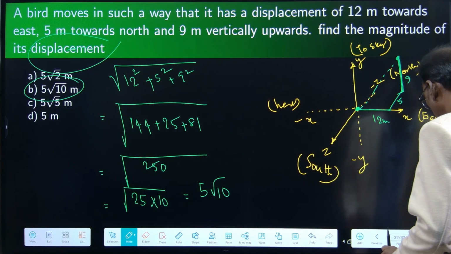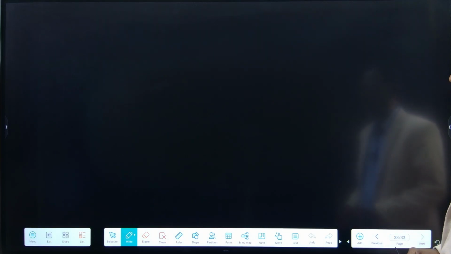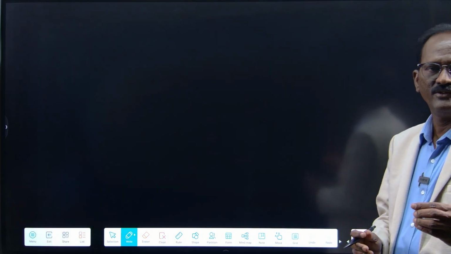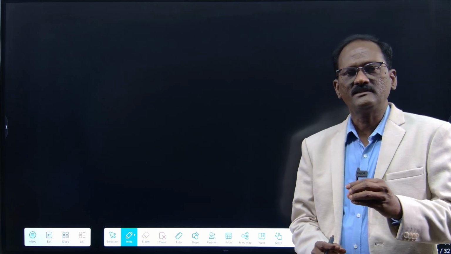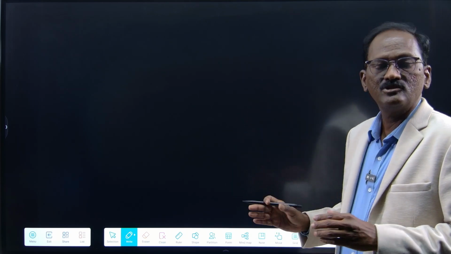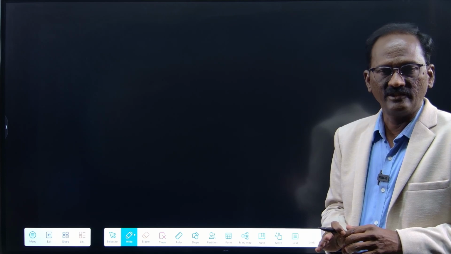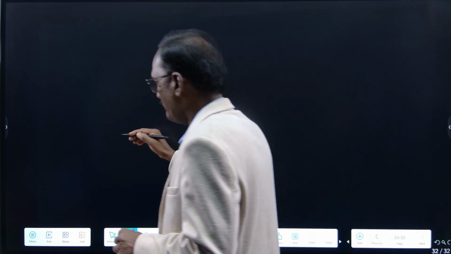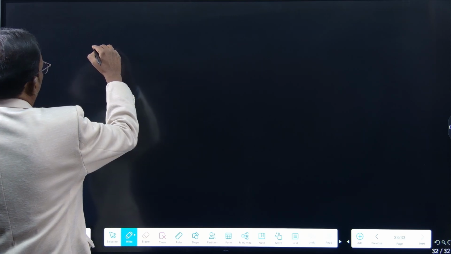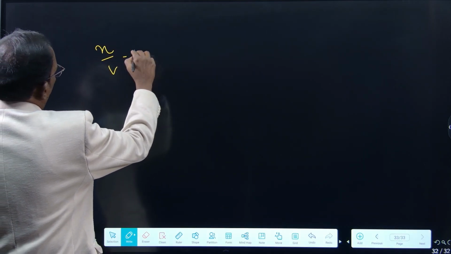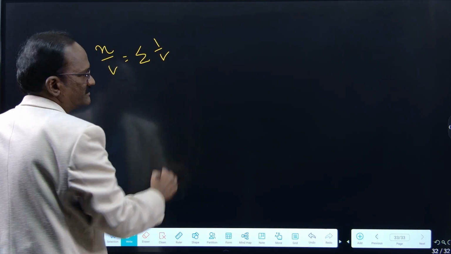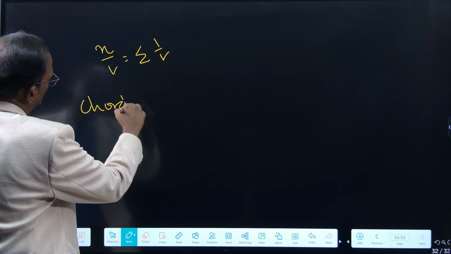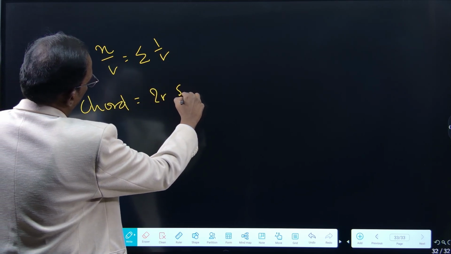Yes, this is the last problem we have considered, viewers, right? Do not remember too many formulas. Very few formulas I have used to solve almost 25 numericals in this video lecture, right? So this formula will be very, very helpful: N by V is equal to sum of 1 by V. Then chord, length of chord, 2r sin theta by 2.